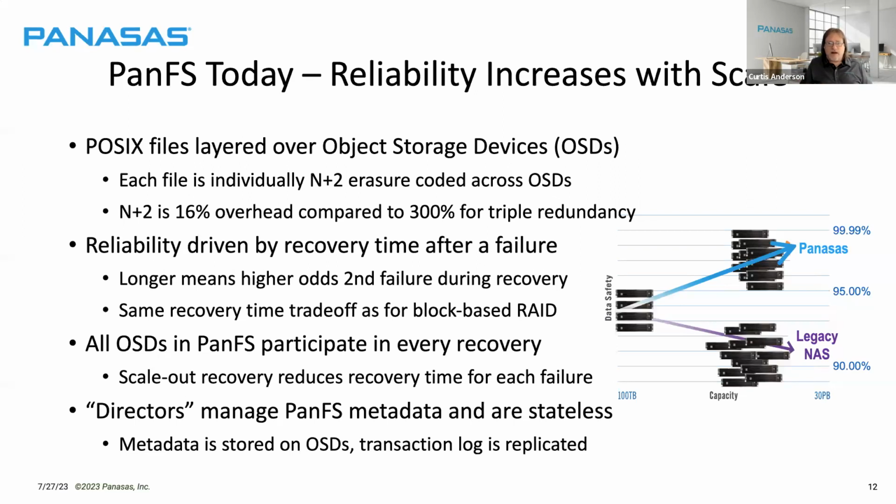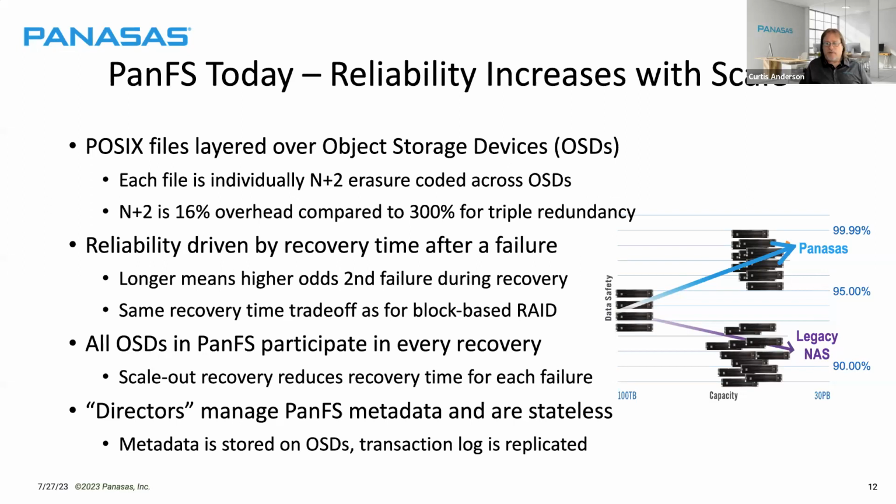So that's an example of how the right architecture can give you a system where the reliability goes up. Let me back up. In order to make my case that you can effectively use a single tier storage architecture to support both the performance of Scratch and the reliability of campaign storage, you need to do the analysis and figure out how to get reliability to go up as the scale goes up.